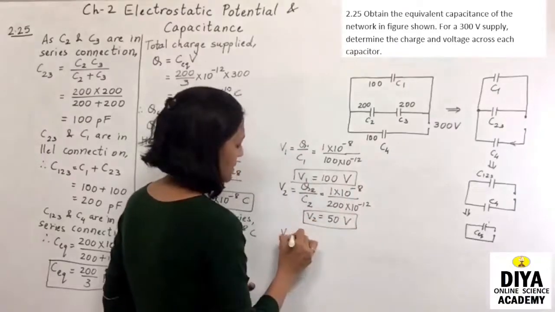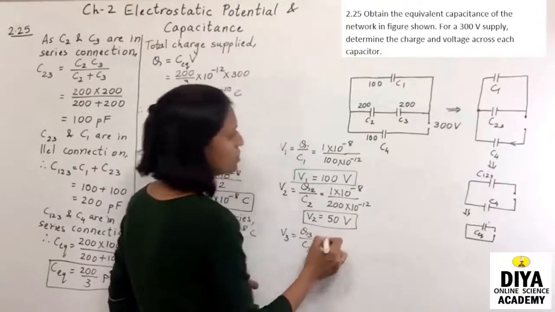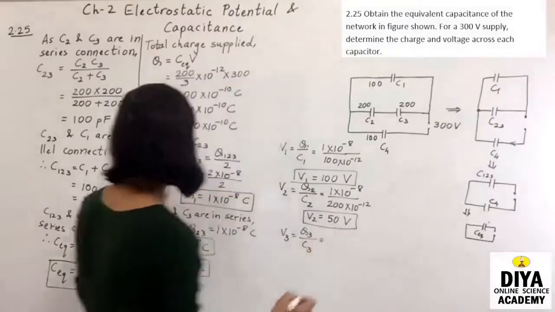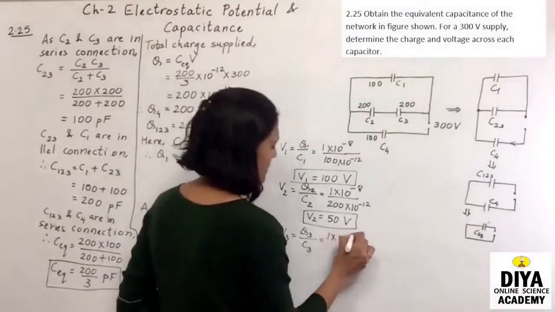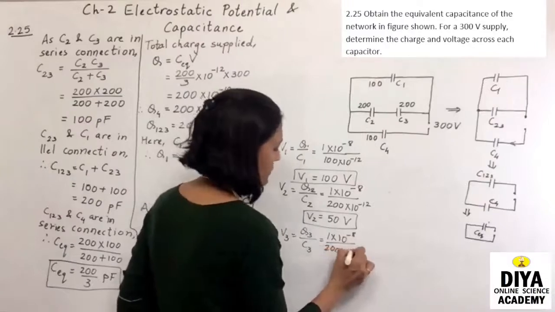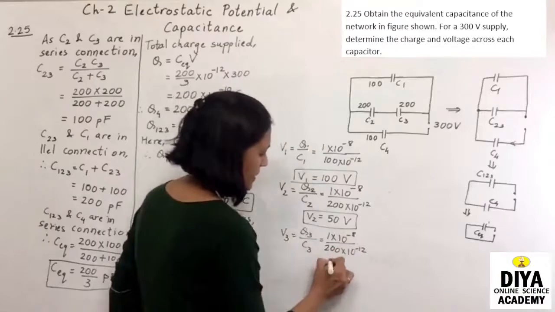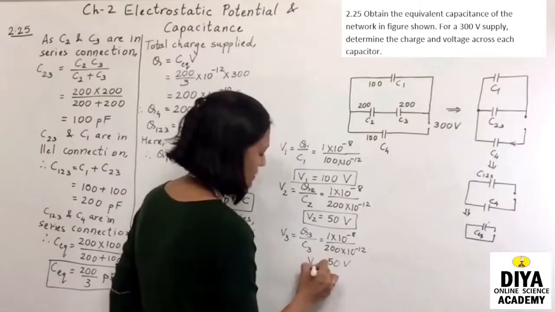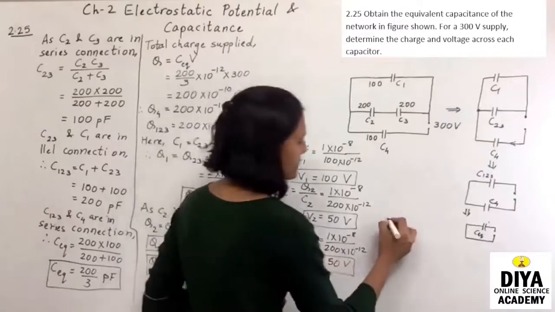V3 equals Q3 by C3. Q3 is again 1 into 10⁻⁸ and C3 is again 200 picofarad. So that will be equal to again 50 volt. V3 and V4.